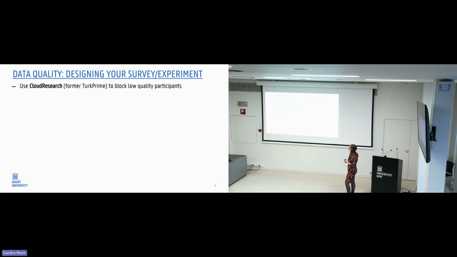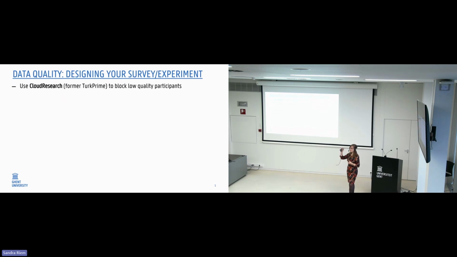So data quality. What can you do when you design your survey or experiment? One of the pieces of advice that you read in the literature, I do not have any experience with this, but after reading it now, I think when I would run a study on mTurk, I would use CloudResearch.